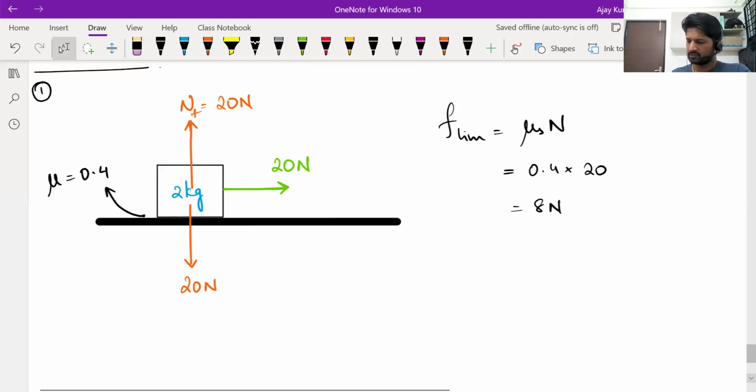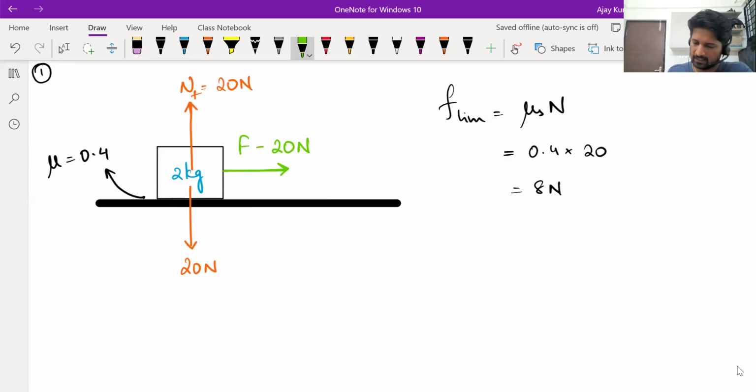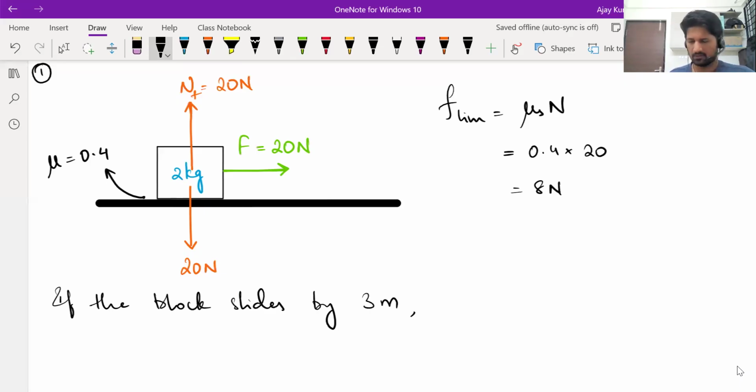So you know all the forces that are acting on it. Gravity is acting, normal force is acting. This additional force F that we are applying is acting, and it's a rough surface on which it is being dragged, so friction will also act. If the block slides by, let's say, 3 meters, it continues sliding after that also, but in a displacement of 3 meters, calculate the work done by each force acting on the object.